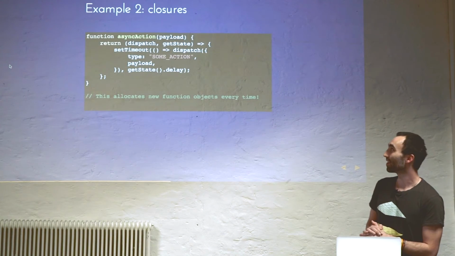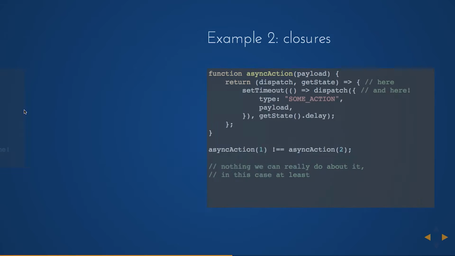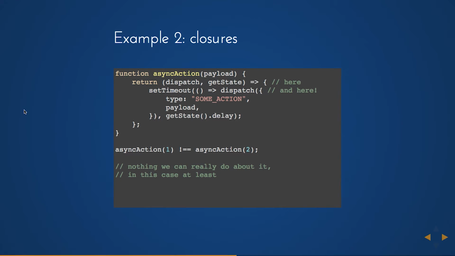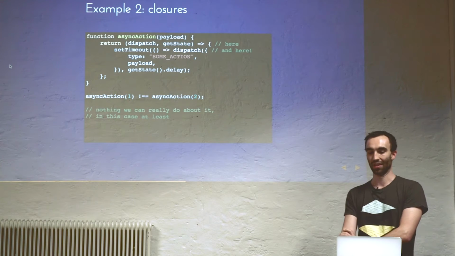Another example is closures, which are really nice. But especially with the new arrow functions, they sometimes get a little hard to spot because you have closures everywhere. Every time you use an arrow function, you are allocating a new function object at runtime, which is probably not what you meant to do.